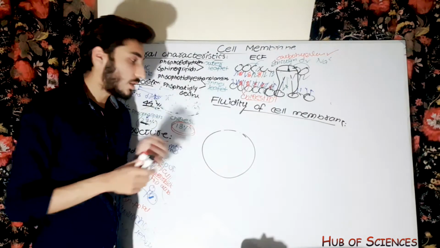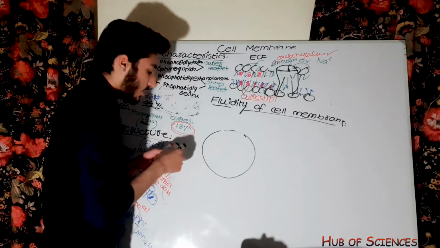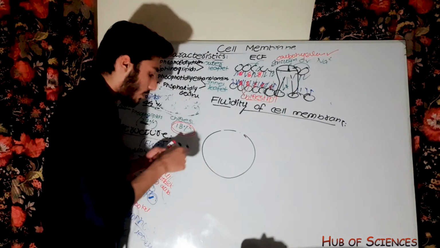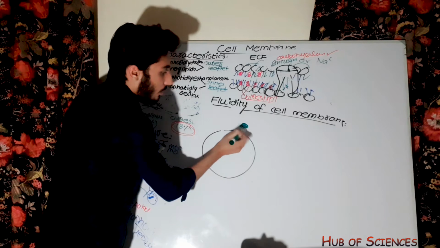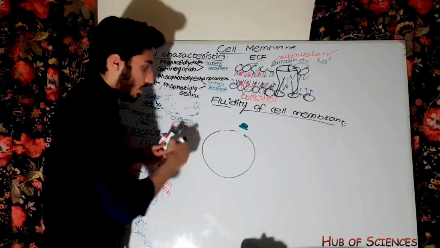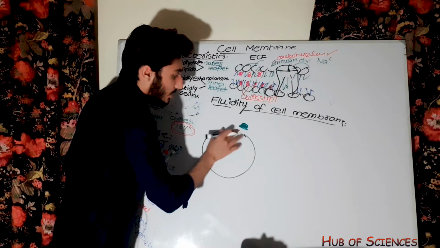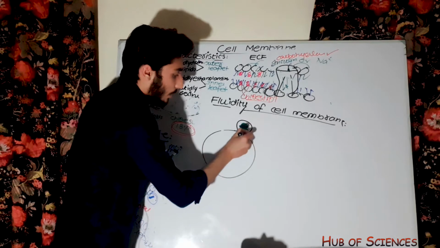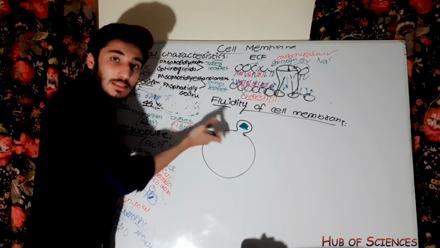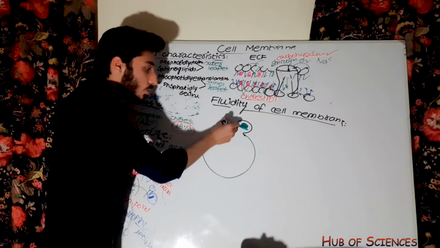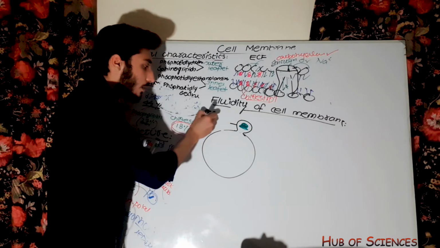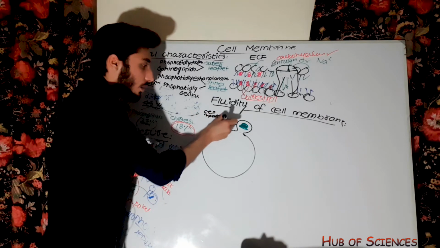If there is some substance the cell wants to eat, the cell forms this type of structure. Which part of the cell forms this structure? This outer layer, the cell membrane, forms it.